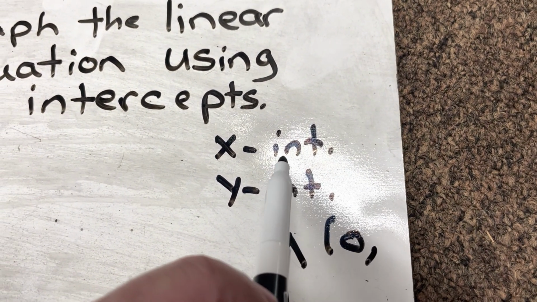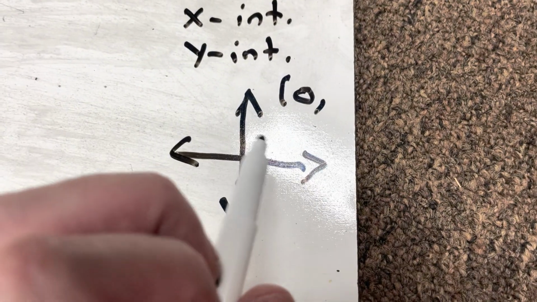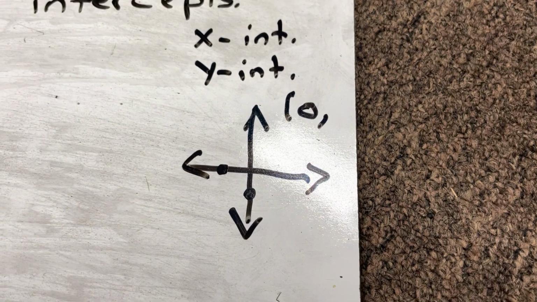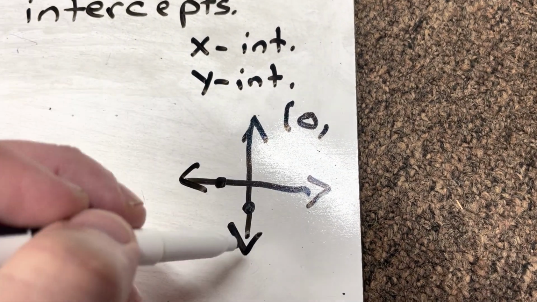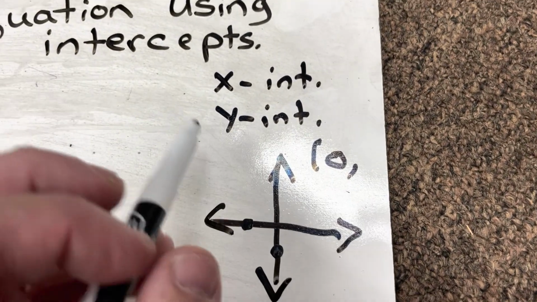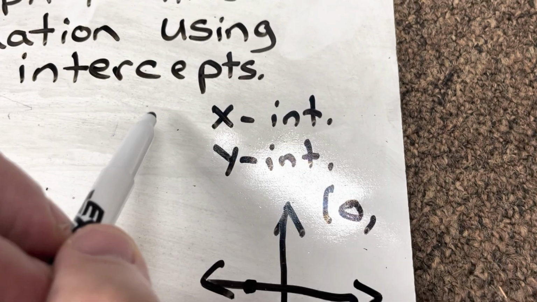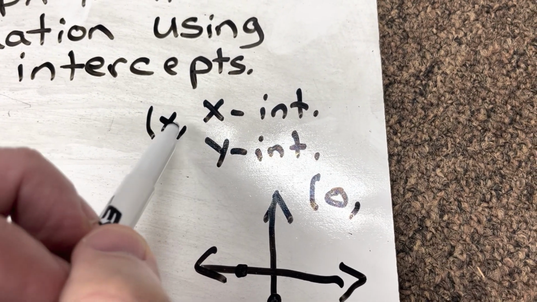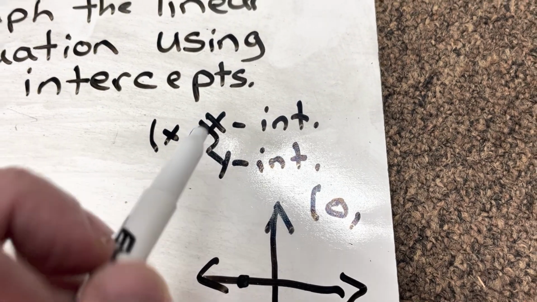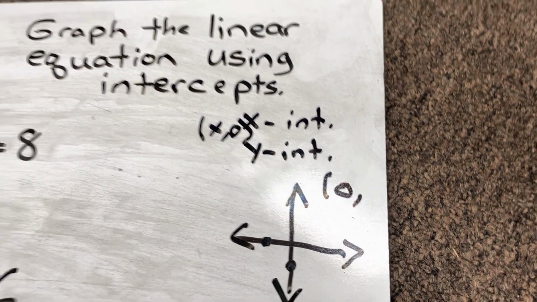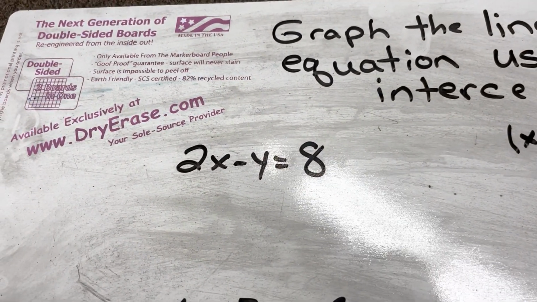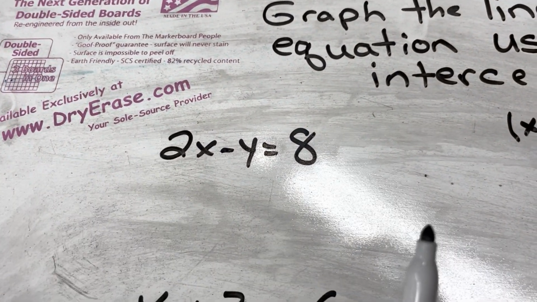The x-intercept is always on the x-axis, for example, right there. It's not up or down at all. Thus, as we did in a previous lesson, we always make y 0. So we have the x coordinate, and then we know that y is always 0. This is a different way of going about graphing lines by using the intercepts.